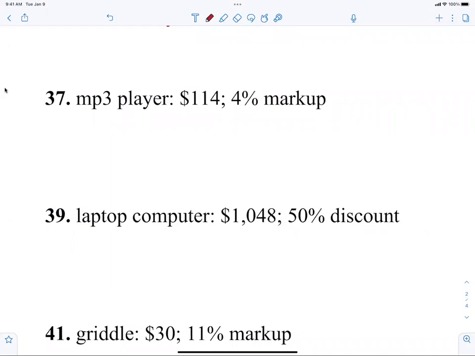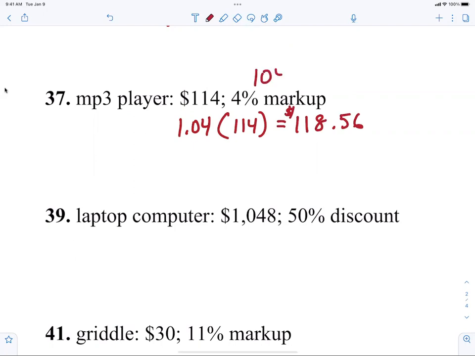1.04, okay, times 114, which is 118.56. Now, Miss Clifton, just to make sure, did you see how it was 104% this time?